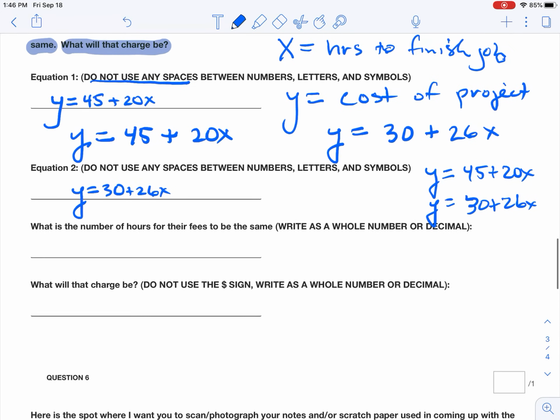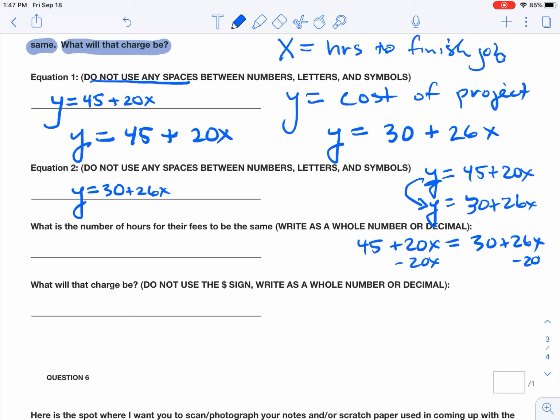Now to find the number of hours, we could either graph it or we could solve it, and I like to solve it because it's set up. Wherever I see a Y, I am going to set them equal to each other, because what I'm trying to find is where the cost of the project is going to be the same. So all I do is write this and then solve.